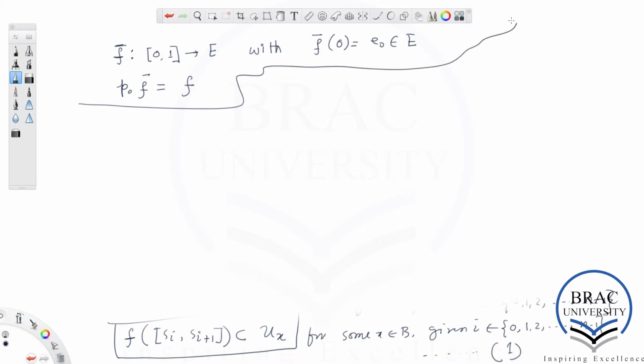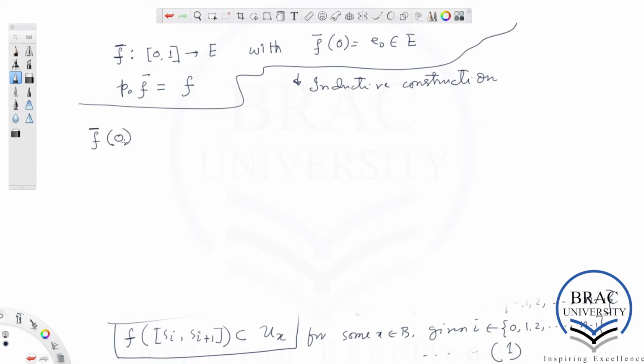This is what one needs to do, and we are going to do it inductively, so it's going to be an inductive construction. Let's see how we do it. For an inductive construction, we need a base case, and the base case is the following.